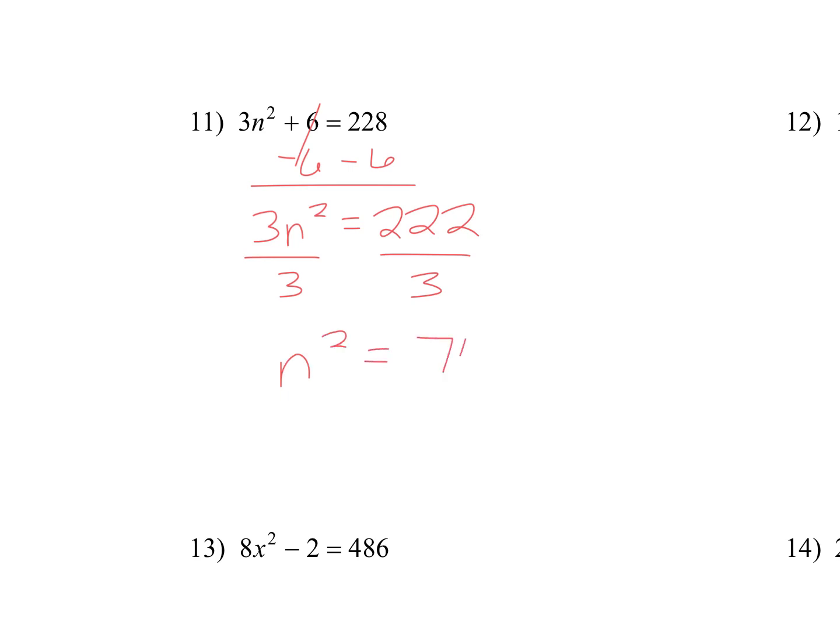Last step, square root. So square root of 74. Remember 3 decimal places. Positive, negative. 8.602. Yep, 8.602. Score.